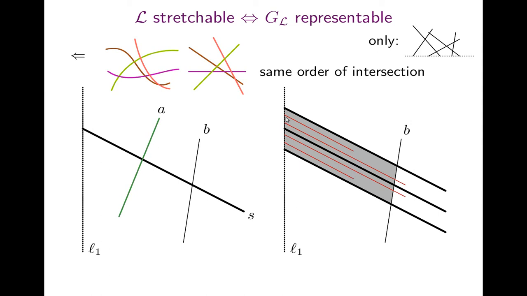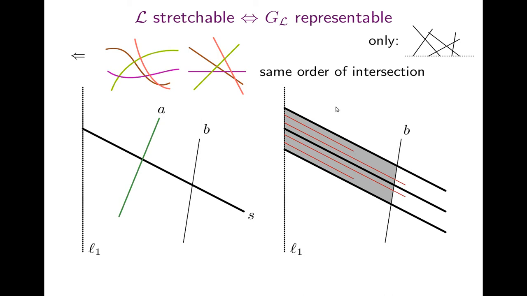I've drawn here A. This is the actual line that needs to be intersected. We called it here S. These are the two copies of it, and we know the probes of A must be within this gray region here, which is bounded by the two copies of S and B.